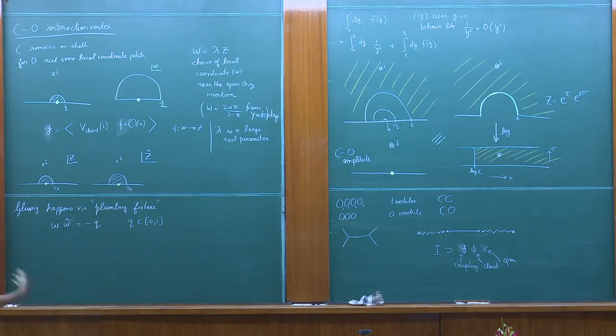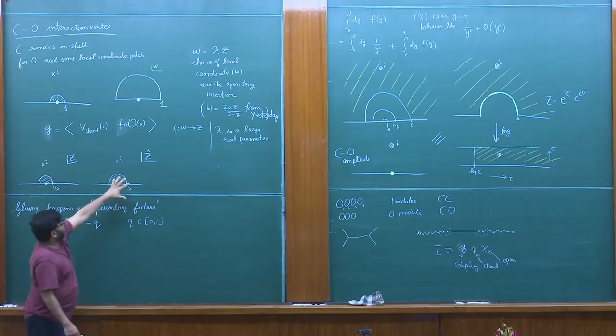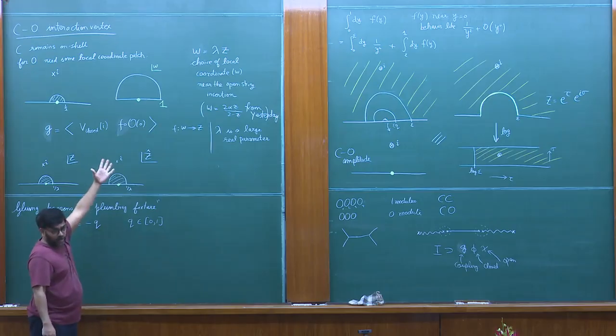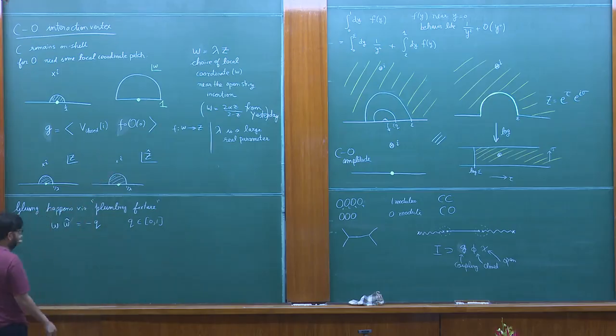So Q is just a real parameter. Remember that there is this Z plane, so correspondingly there's a W half disk, and corresponding to this Z hat there is a W hat half disk, and I am gluing by using the W hat coordinates according to this relation. Let's see what happens.